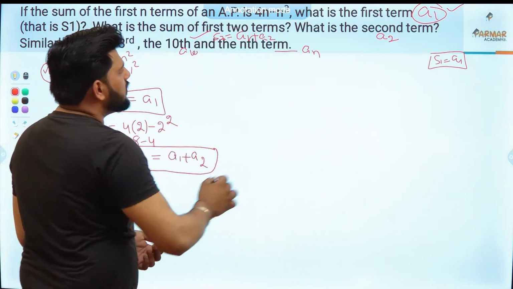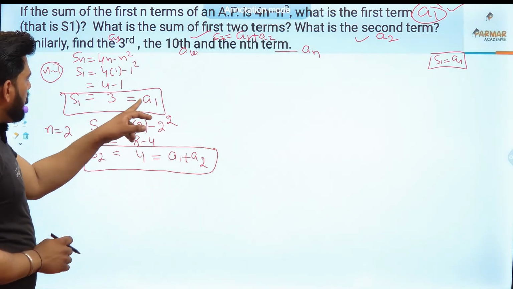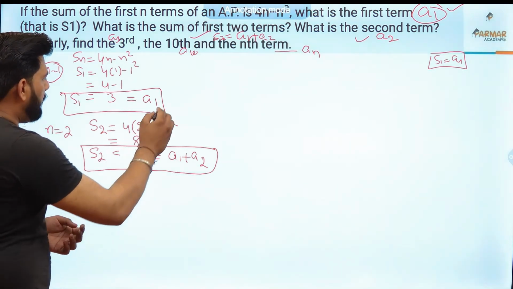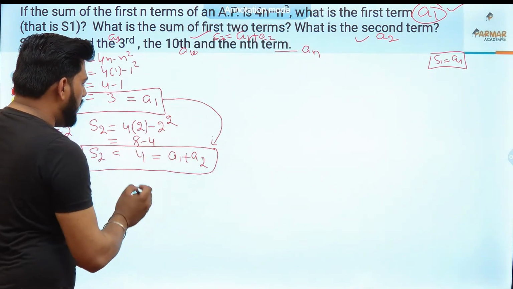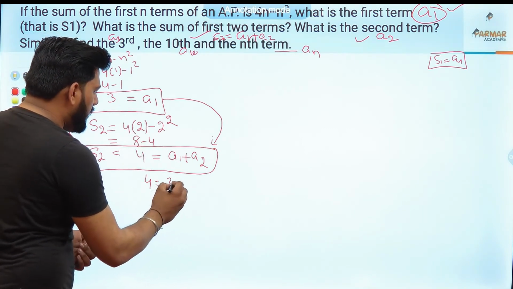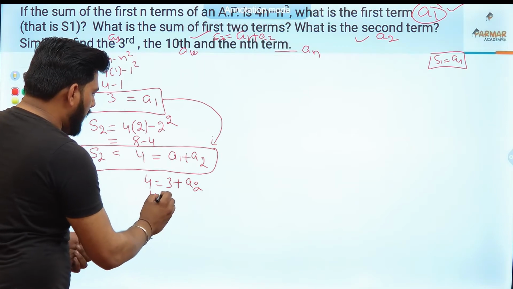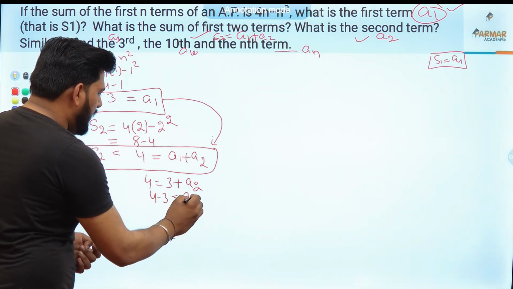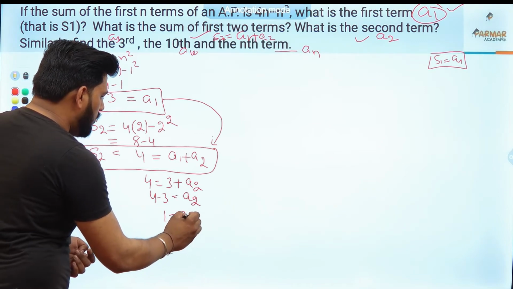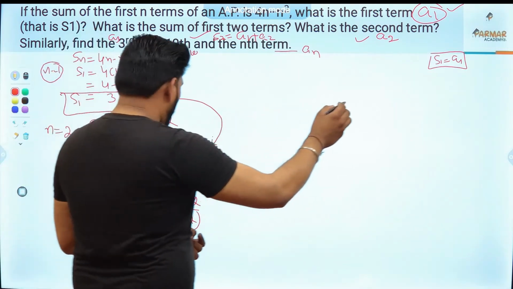Now our task is to find A2. A1 is 3, and A1 plus A2 is 4. Replace A1 by its value: 4 is equal to 3 plus A2. Now 4 minus 3 is 1, so A2 is 1. So the second term of the AP is 1.